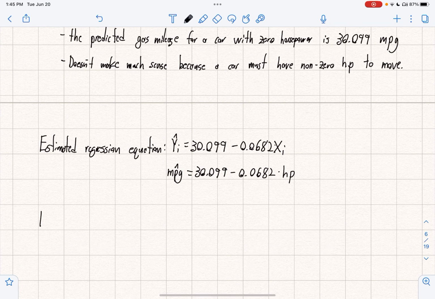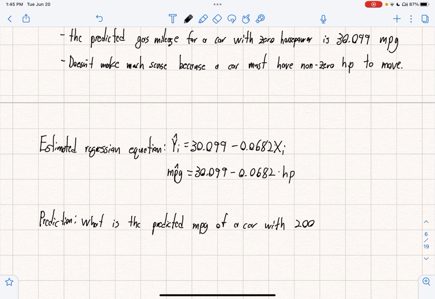So now let's do some prediction. What is the predicted miles per gallon of a car with 200 horsepower? And then also, how about 250 horsepower?